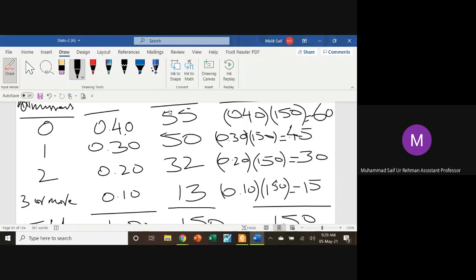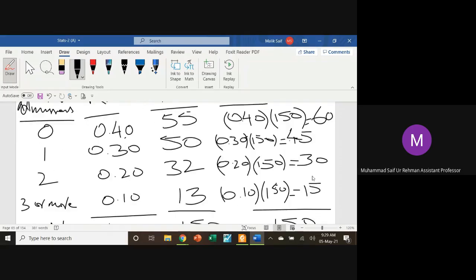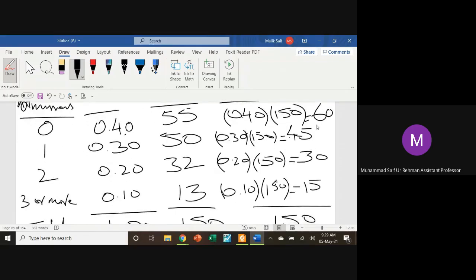But actually, this is the situation in the area: 55 never admitted, 50 once, 32 twice, and 13 three or more times. So these are the expected frequencies, and you can see expected frequencies are not equal. So this is the case where unequal expected frequencies are there.